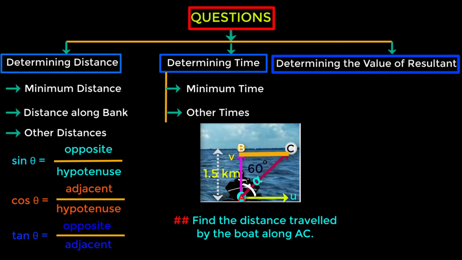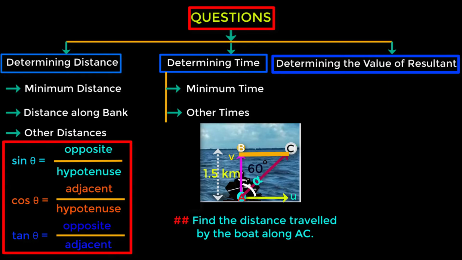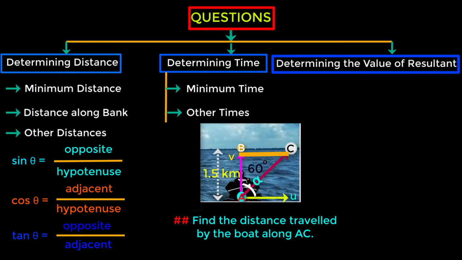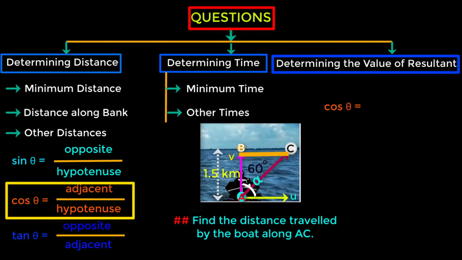But the question is, among these three formulas, which formula should we apply here? As the value of the adjacent and theta is given here and we are asked to find out the value of hypotenuse, therefore we will apply this formula: cos theta equals adjacent over hypotenuse.